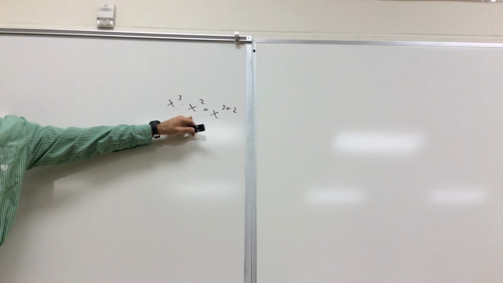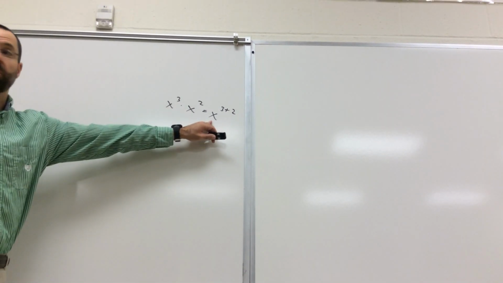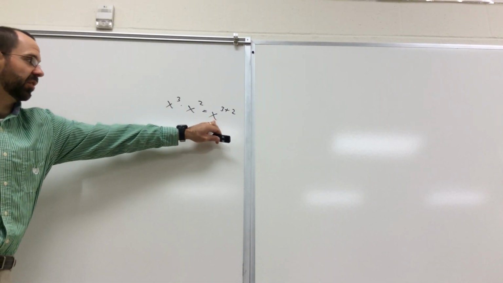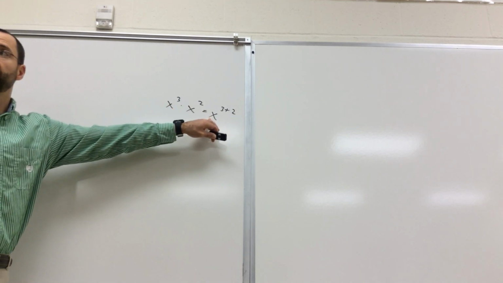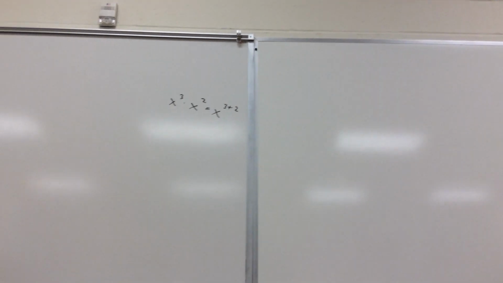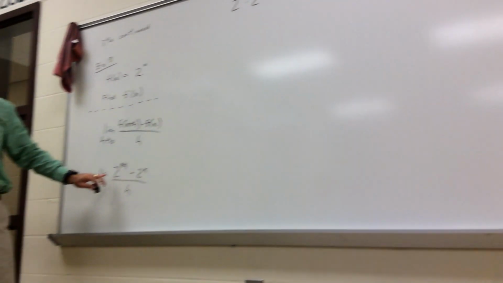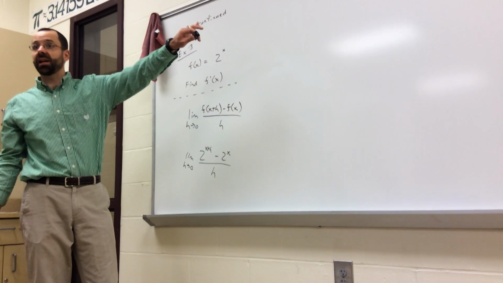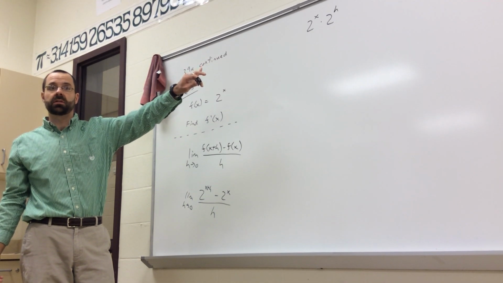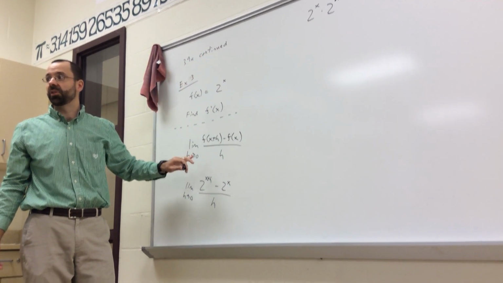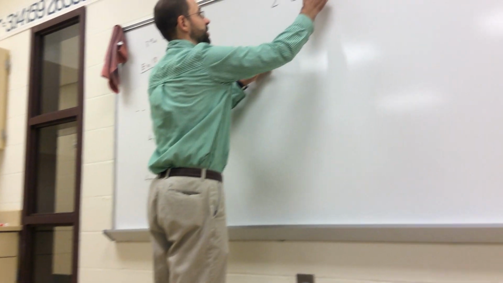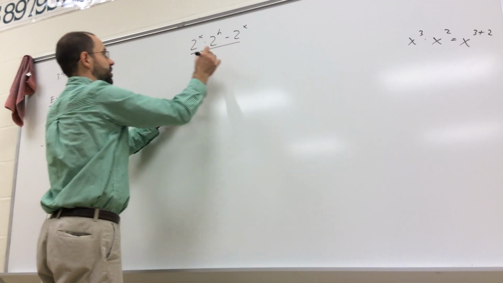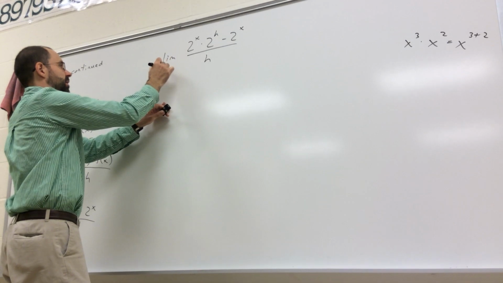It would be x to the 5th. So now I'm going backwards. It's not very often that we go from there to there. Usually we go from here to there. But I'm going backwards with the 2 to the x plus h. I'm writing it as 2 to the x times 2 to the h. Everybody okay with that? All right, and I'm going to just recopy everything else. Minus 2 to the x all over h. Take the limit as h goes to 0.